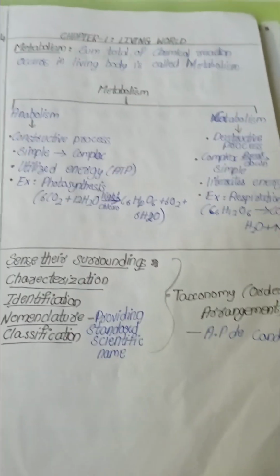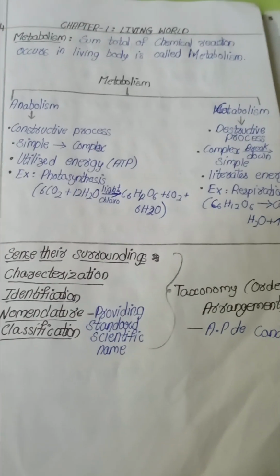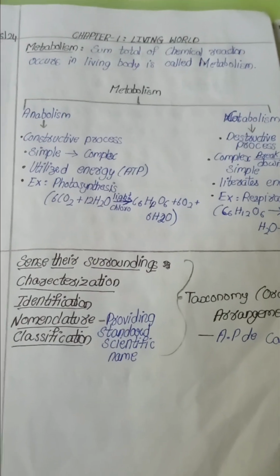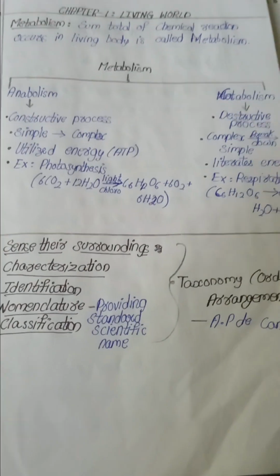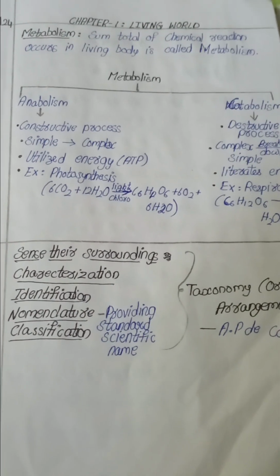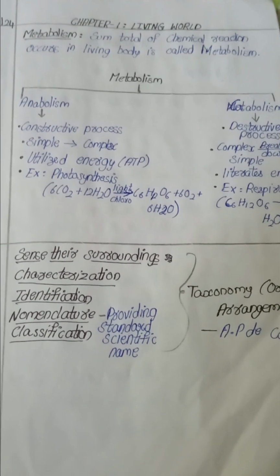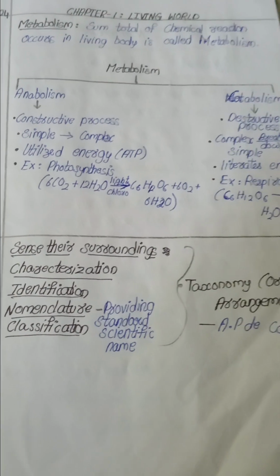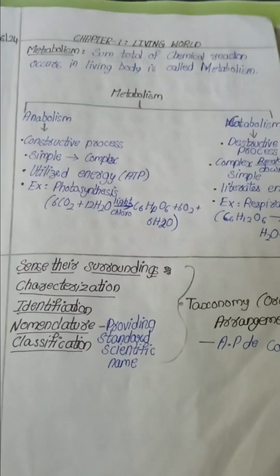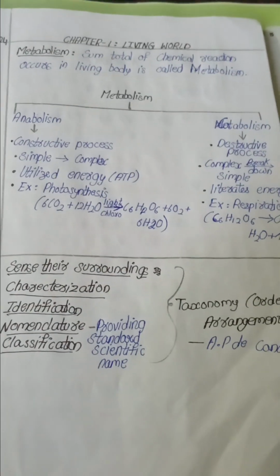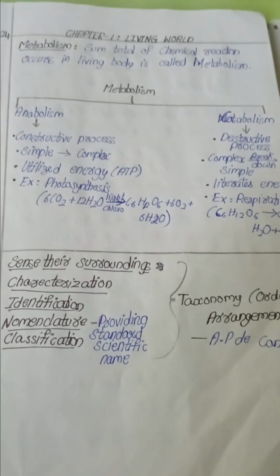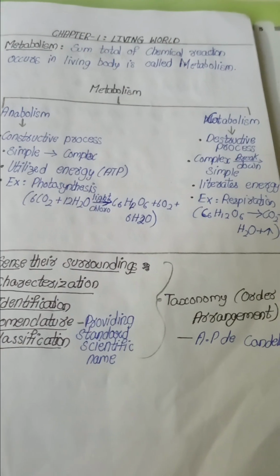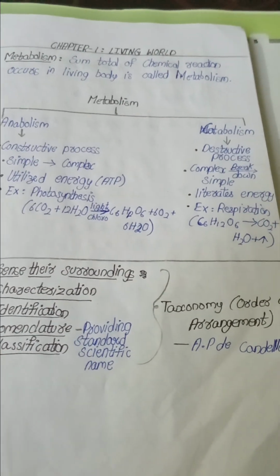First, what is metabolism exactly? For learning this chapter, we should know the meaning of metabolism. The definition of metabolism is the sum total of chemical reactions occurring in a living body. There will be many reactions occurring in our body, physical and chemical, like our growth, which is not temporary.